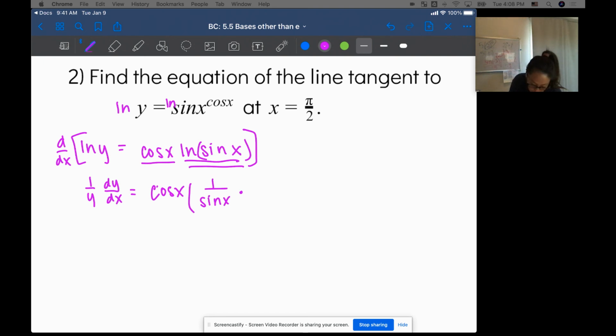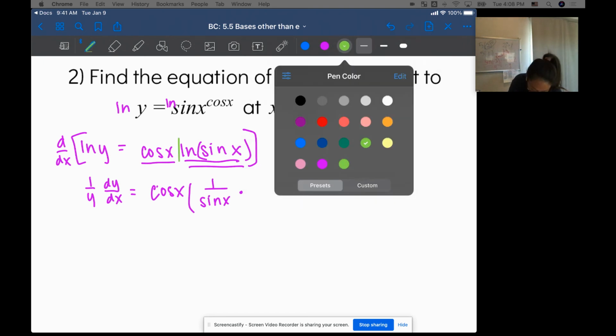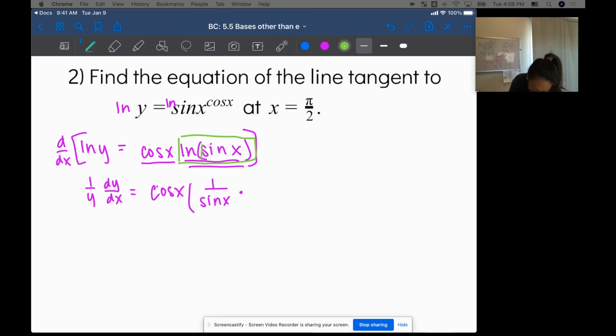So this is chain rule, outside, inside. The derivative of sine x is cosine x, plus left, the ln of sine x, times the derivative of cosine x, which is negative sine x.